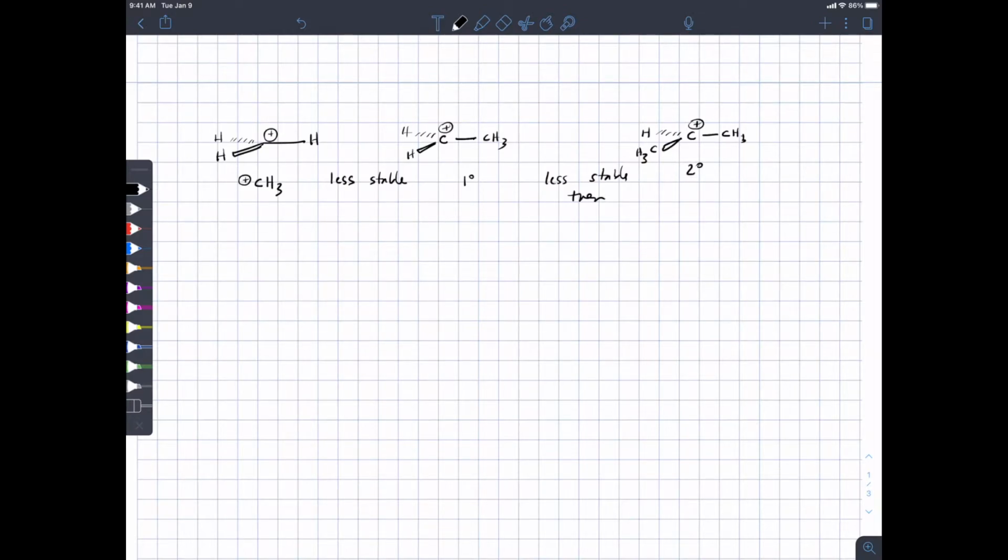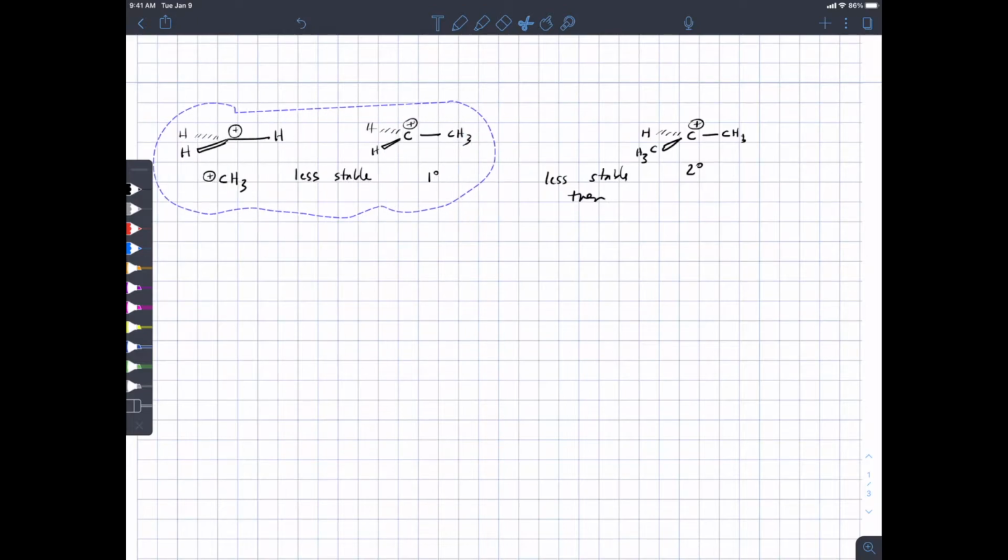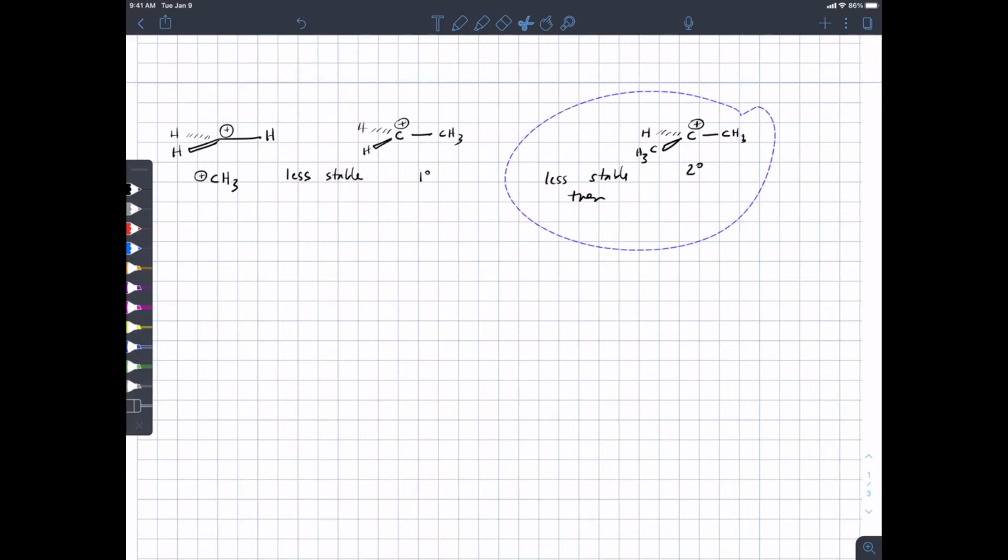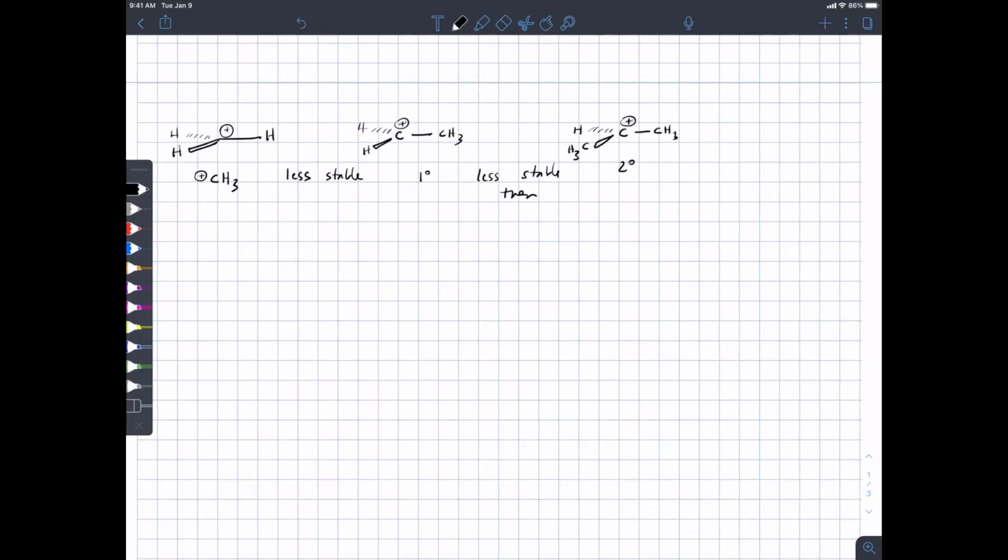And then that is less stable than the tertiary carbocation. That's a rule you can choose to memorize. Although memorization, though it has its place, in a world where you can just look things up, may not be the most useful thing you can do. And so we want to understand why.